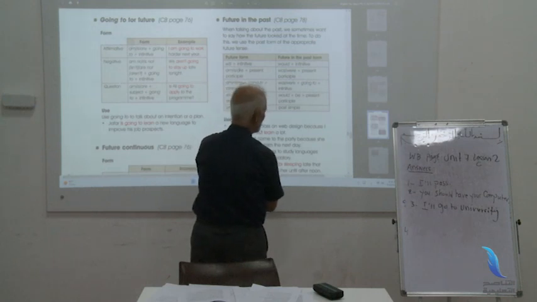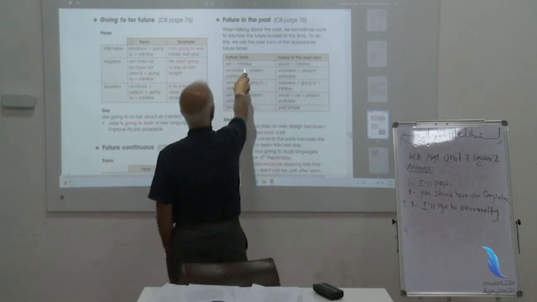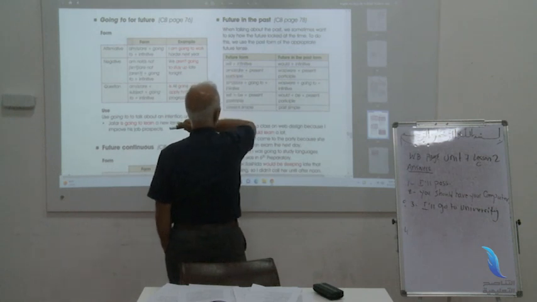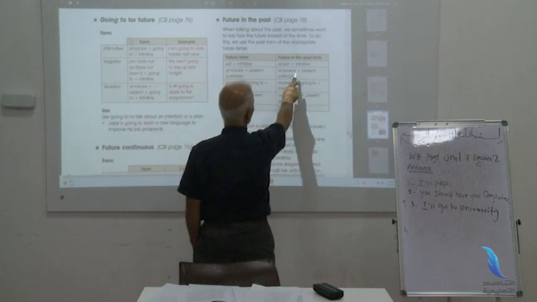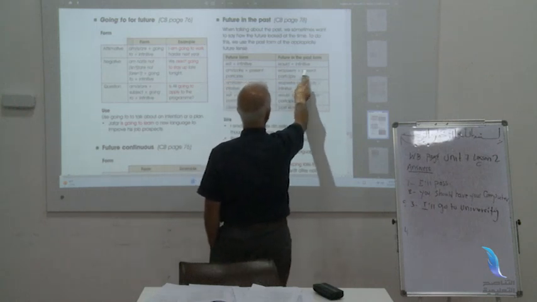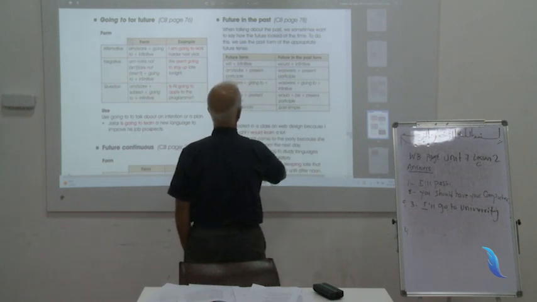She couldn't come to the party because. So here, when the future form starts with the verb be, then here, was plus present participle, like this. Was taking.